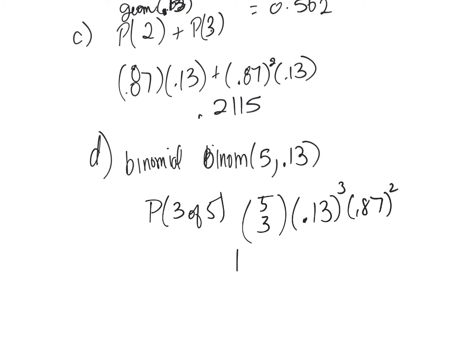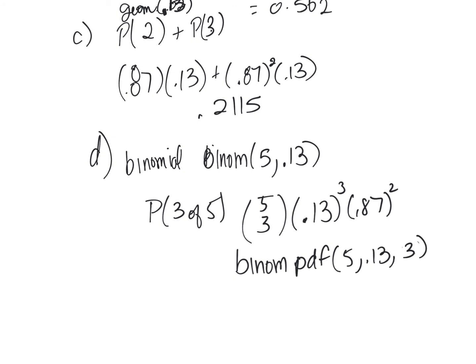In the calculator, this is binomPDF, P point single value, and it's 5, comma 0.13, comma 3. It can do that calculation.